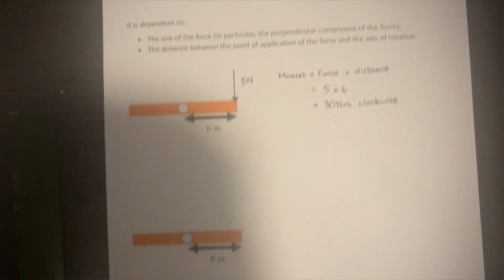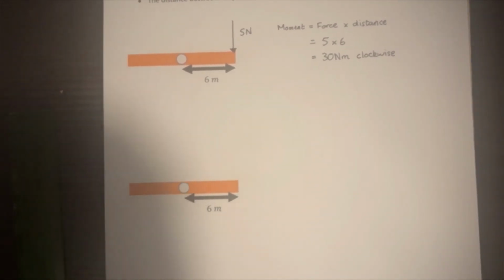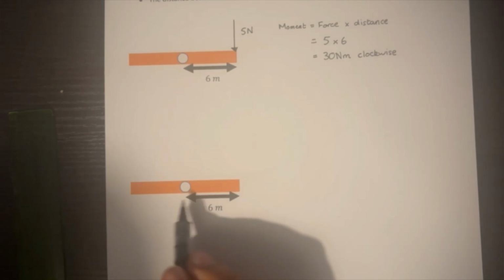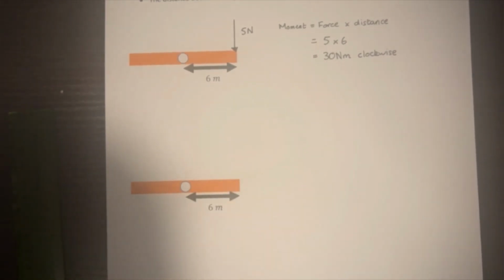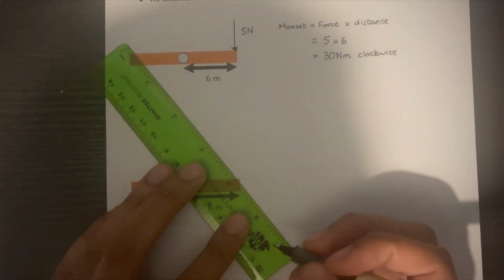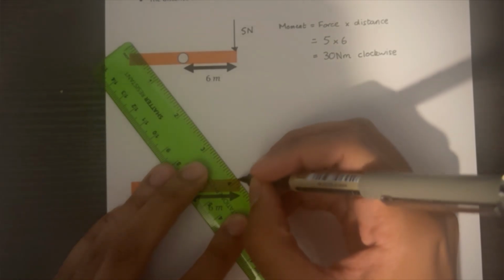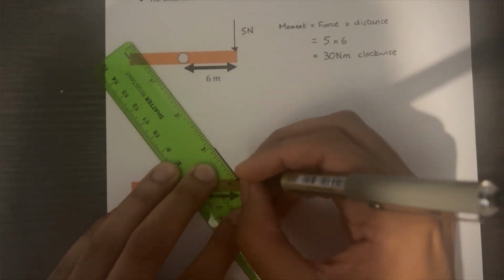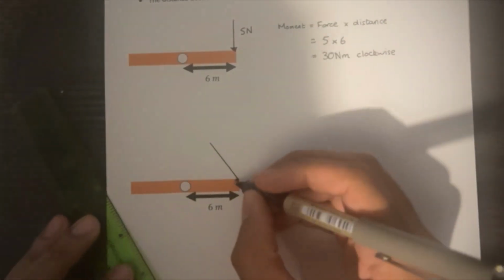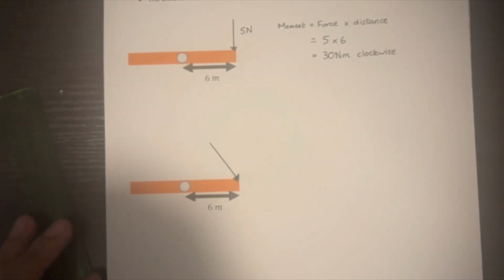If we consider now a second example, we're going to look at the same rigid body, the same distance from its fixed point, but we are going to change ever so slightly the way that force is being applied.